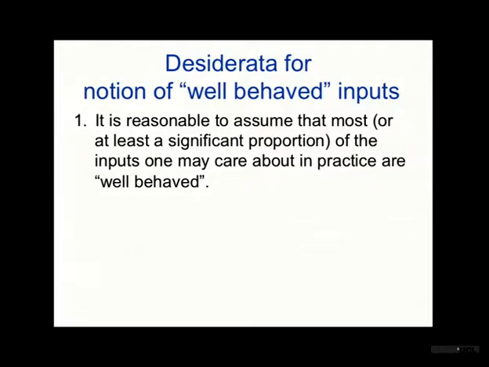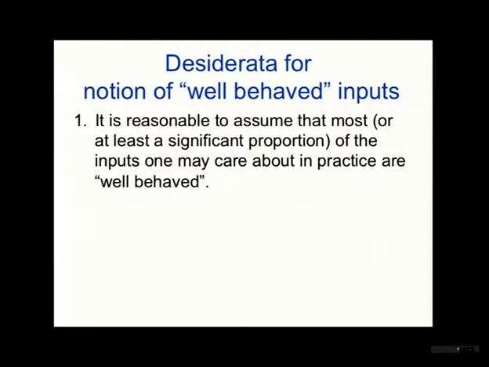The first thing that I want is that it is reasonable to assume that most, or at least a significant proportion, of the inputs that one may care about in practice are well-behaved. This is a kind of vague requirement, but it's an important requirement. If you have a notion that tries to explain why things work well in practice, it has to somehow capture which instances you think you'll get in practice.